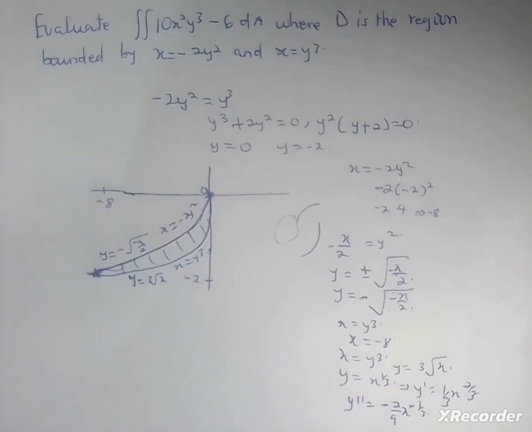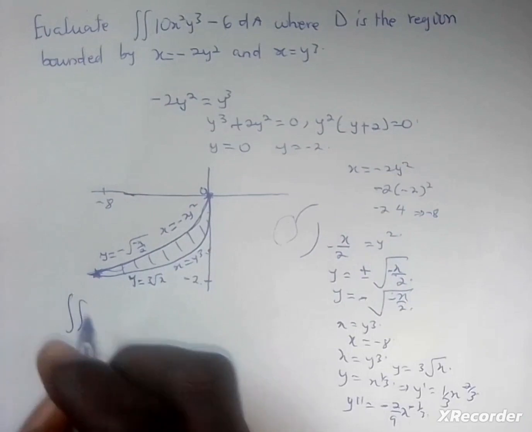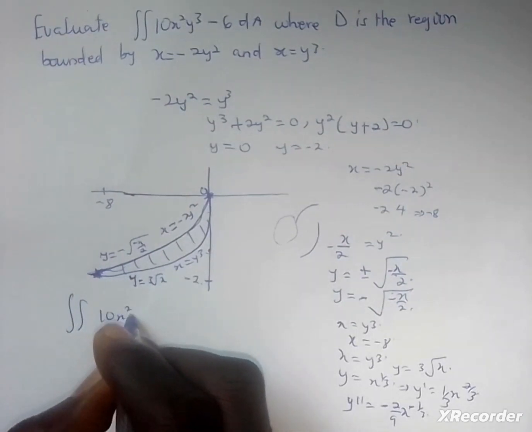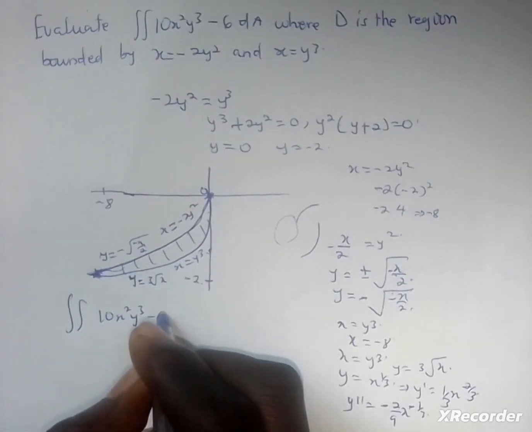The next thing we are going to do in this problem is we are going to slice through a particular direction for easier integration. And in this context, we are going to slice through the x. So then we have the integral of 10x squared y cubed minus 6.